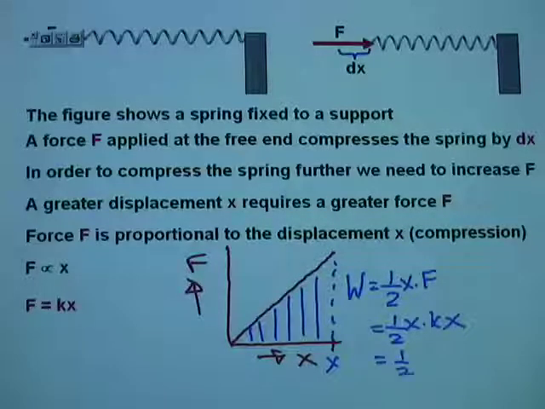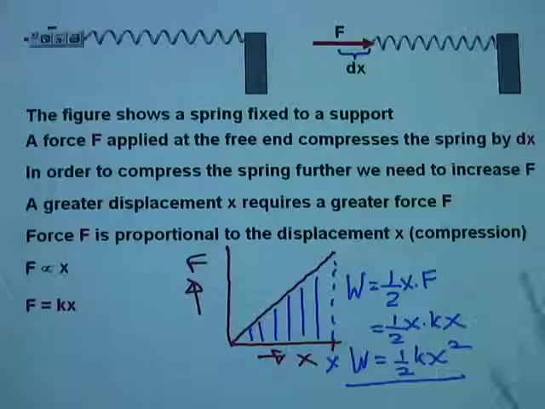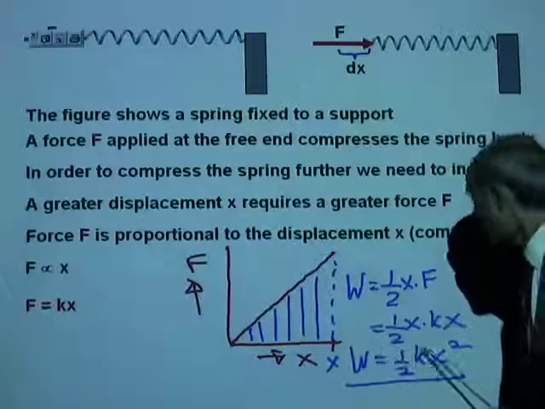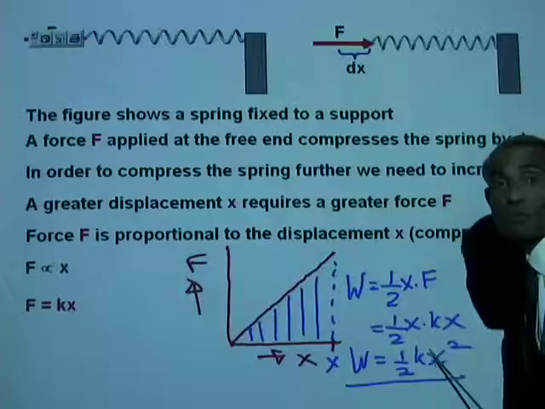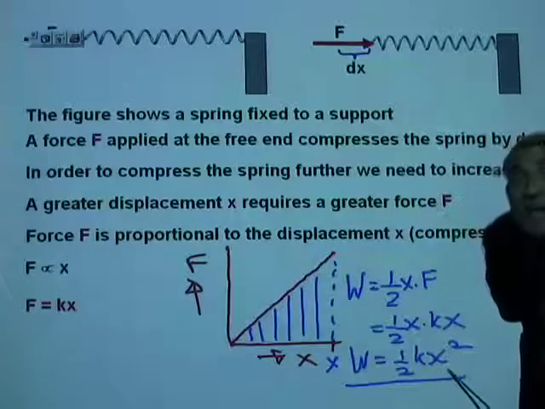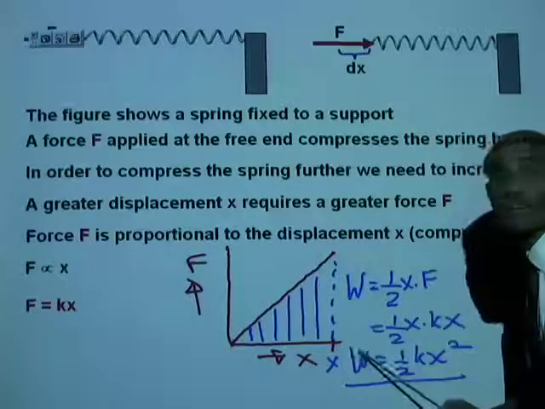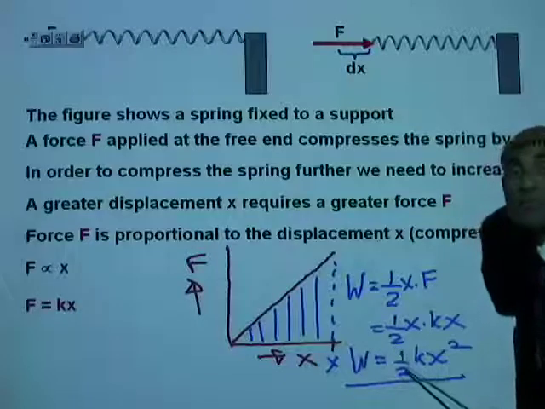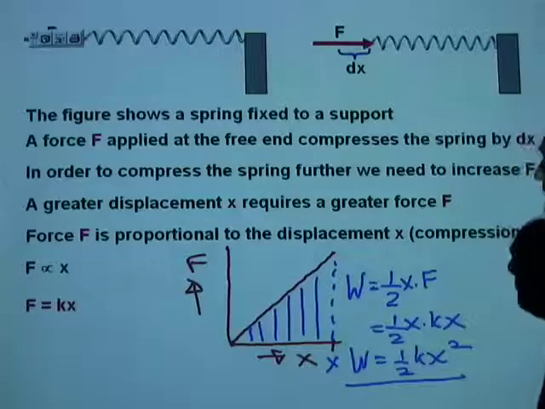And that will be 1/2 kx squared. A very important relation. In the case of a spring, if you want to stretch the spring by an amount x, the amount of work done is W equal to 1/2 kx squared.